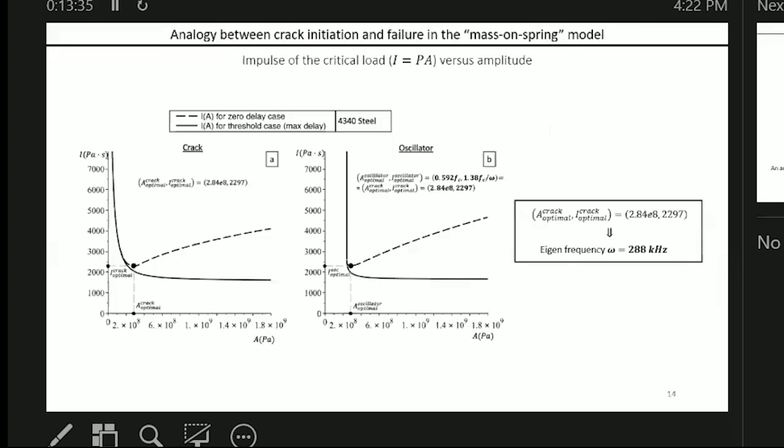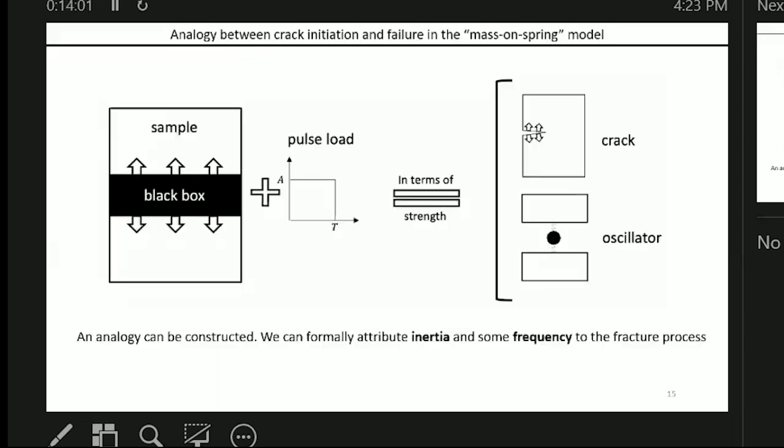If we build another dependence of the impulse of the force which is applied to our system, we can even see more similarities between these two systems. There is a minimum of this curve both in the oscillator and in the crack. And we can even calculate the eigenfrequency of this virtual oscillator.